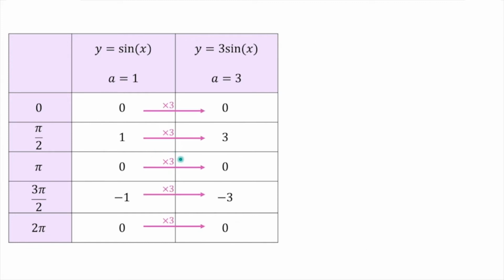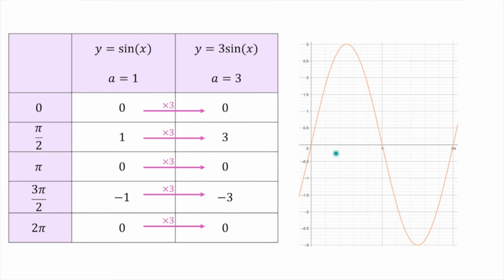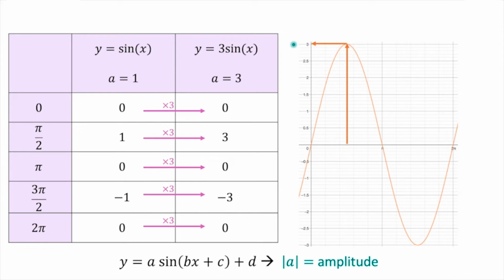So our graph now looks like this. What do we notice about the amplitude for this graph? The amplitude is 3. This means that changing the number in front of sine causes the amplitude to change. So, in our general equation of a sinusoid, we take the absolute value of a to find the amplitude.